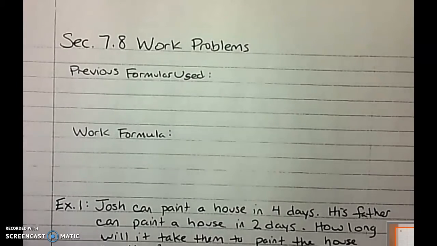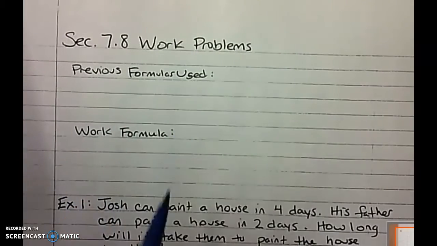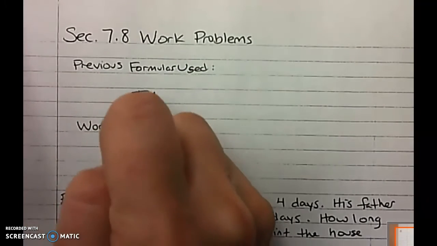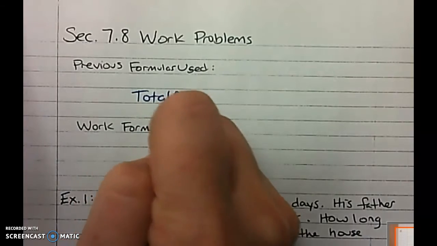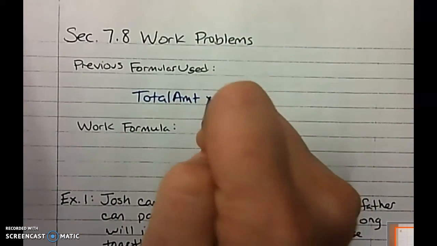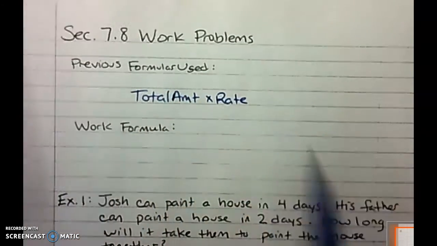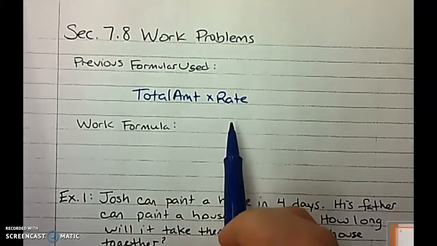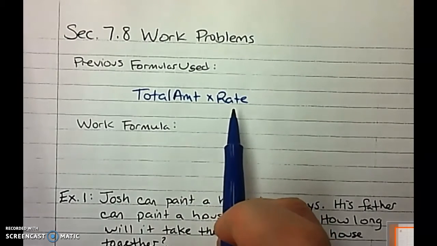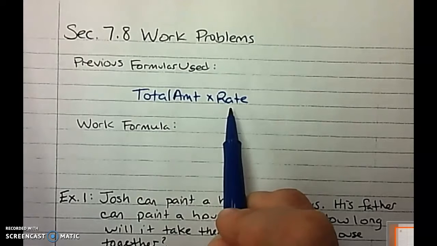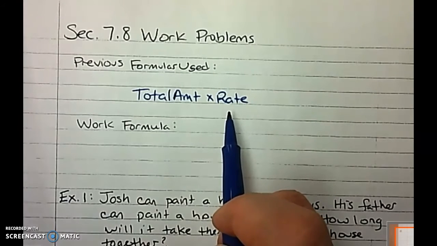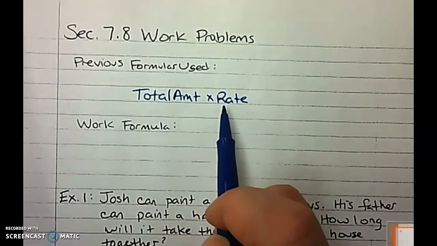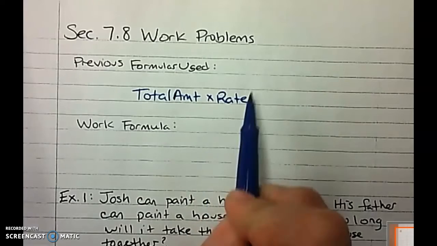So let's think back to our previous formulas that we've used. Basically, they've been in some kind of format similar to some total amount or quantity times some kind of rate. Depending on what the problem is, this rate might be a percentage, like an interest rate, or a sales tax, or the percent that something's on sale. Or think of the mixture problems. We did some with products, so it might be the price per unit.